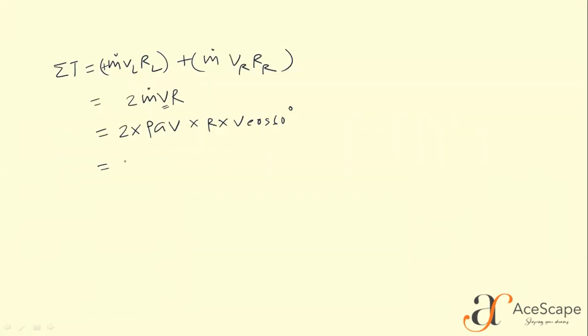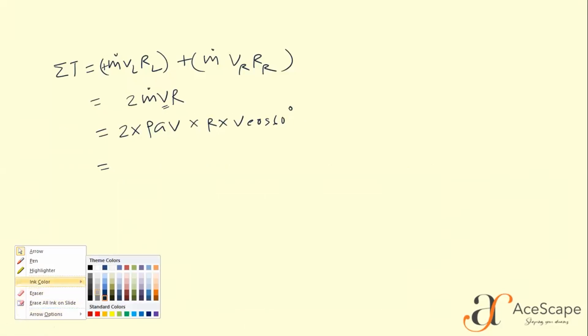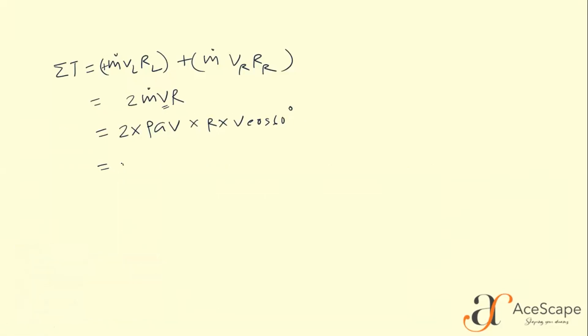We can write 2 into 10 to the power 3. A they have given 25 centimeter square, so 25 into 10 to the power minus 4. Velocity they have given 1. R they have given, I guess, 10 centimeters, so it is 0.1 meter. Now cos theta, cos 60 degree, we all know.